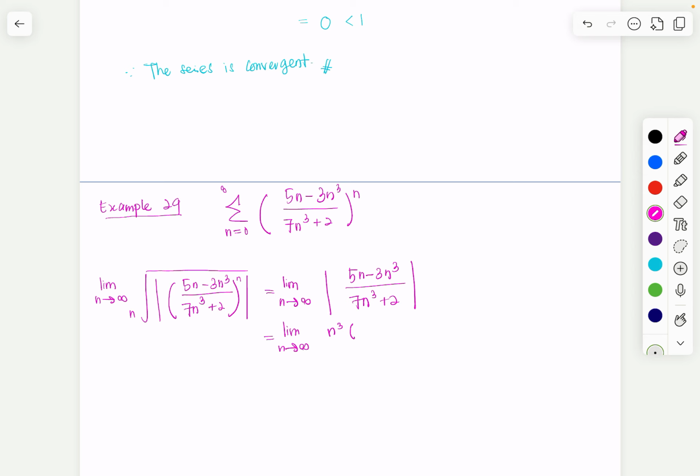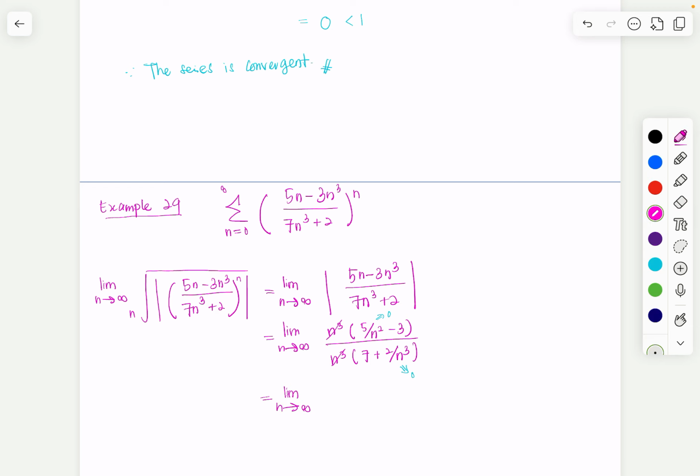So this one becomes 5 over n squared minus 3, over 7 plus 2 over n cubed. Okay, this one can be cancelled out. Now if you plug in n goes to infinity, then you know this part would be 0 and this also would be 0.